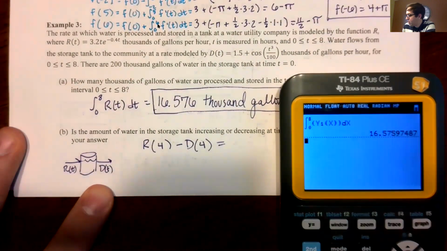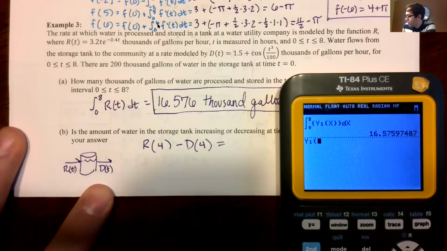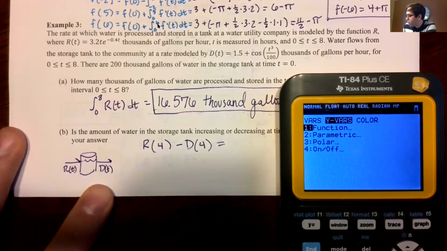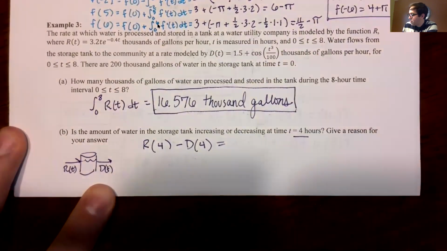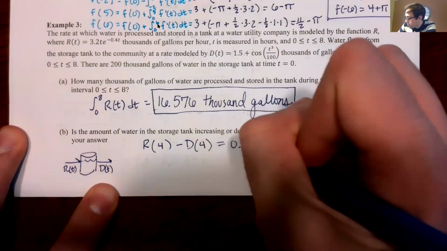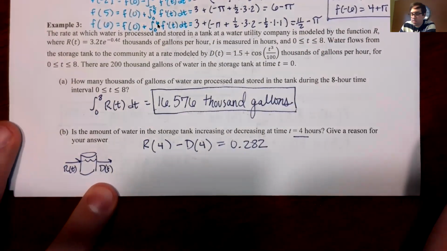I can just type in, now that I have y1 and y2, I can go to vars, y vars, grab y1 of 4 minus vars, y vars, whoops, I wanted y2, vars, y vars, y2 of 4. And I get 0.282. Remember, in AP Calculus, you always want to round to at least 3 decimal places.